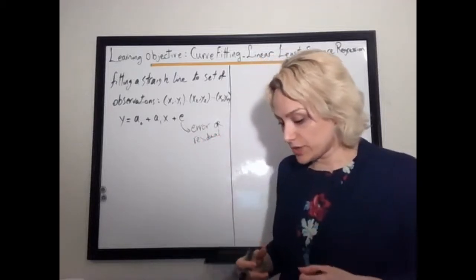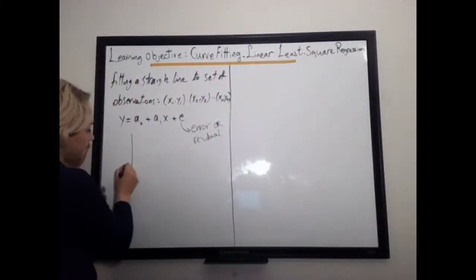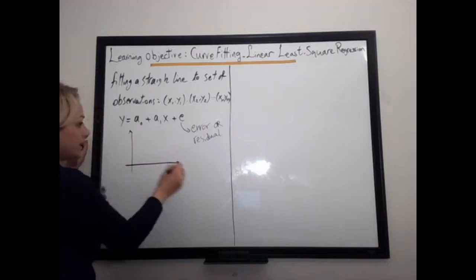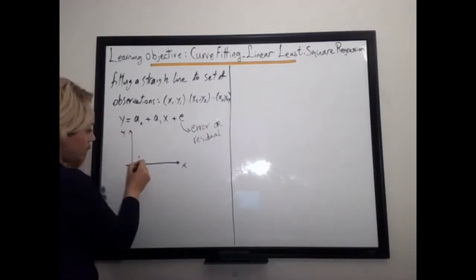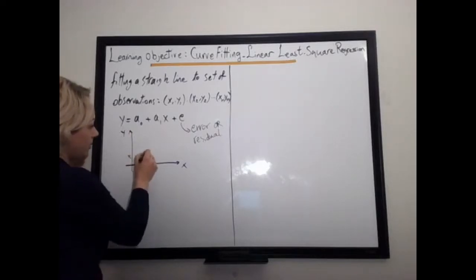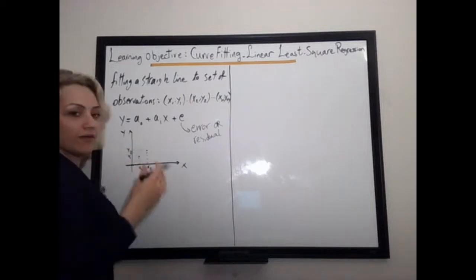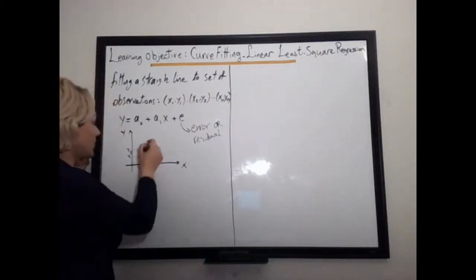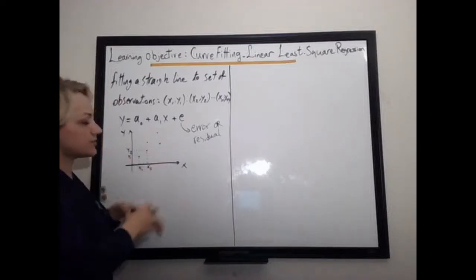And let's say the situation that we have is like this. Here I have my x and y. So this point here is x1, y1, and then I have another point here as x2, y2. I'm going to have a few points like this, x3, y3.